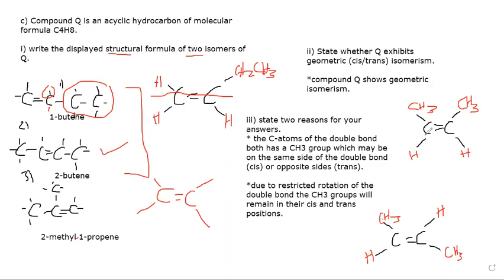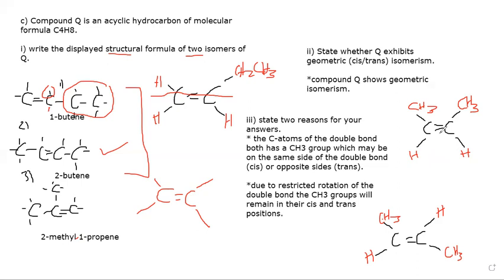All right. So if you want cis trans isomerism, both carbon atoms of the double bond must have a group in common. So both of them have a methyl group, or both of them have a hydrogen. So they must have a group in common.